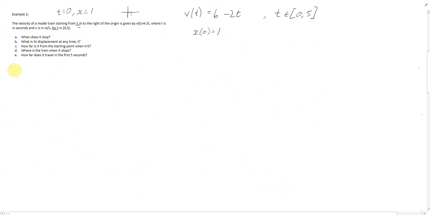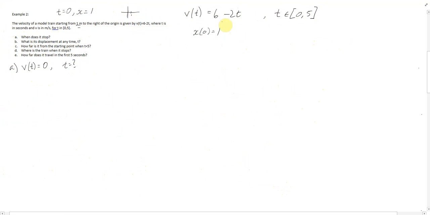Alright, so let's start with part A. When does this train stop? Well, we need to understand that stopping means that the velocity is 0. Otherwise it'll be moving if the velocity is not 0. So we're looking for the case when the velocity is 0, and in particular we want to know what is that time when that happens.